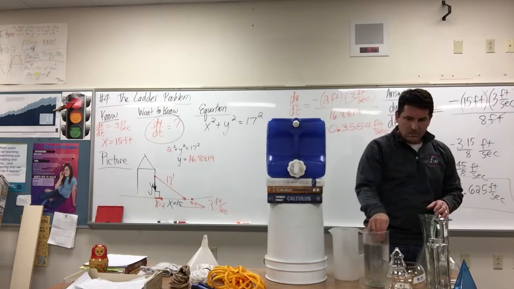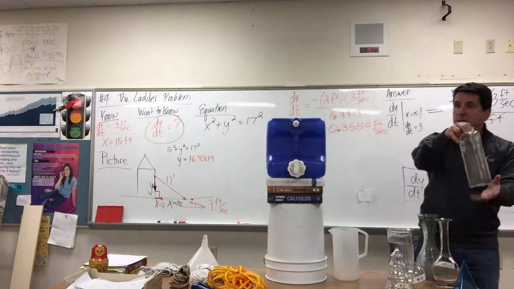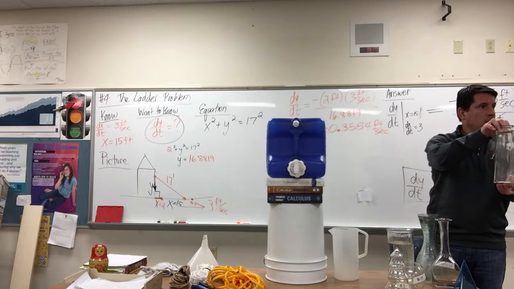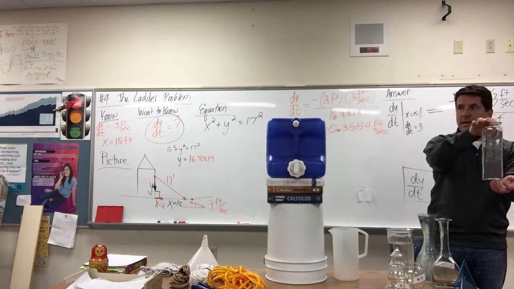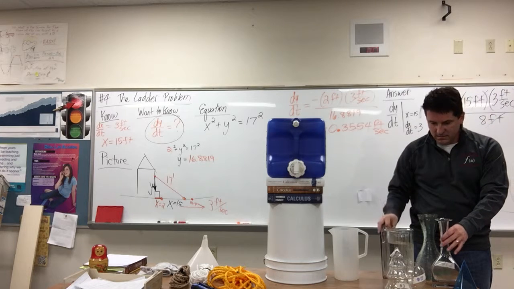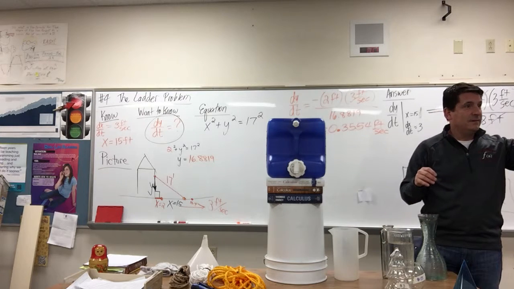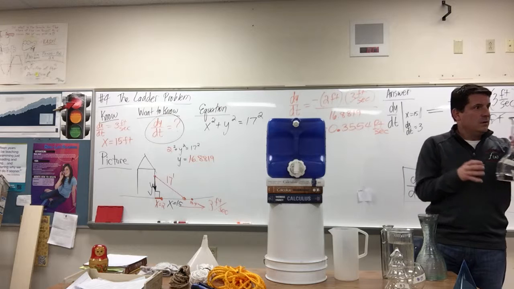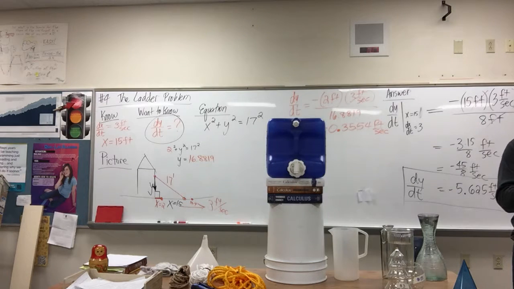If I did it for this one, it'd be constant again. If I did it with this one? No. We would say that the height here would have a variable rate, because it would be kind of slow at first, and then it would go up really fast.